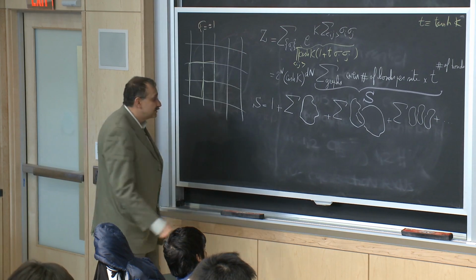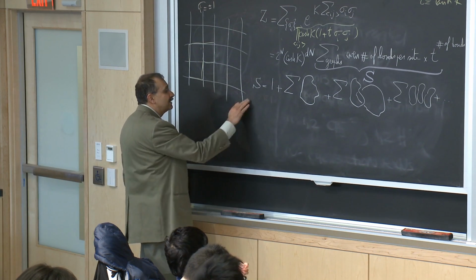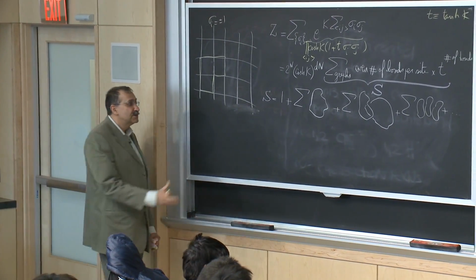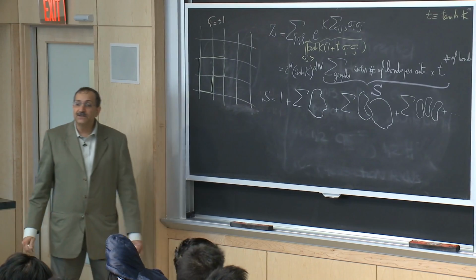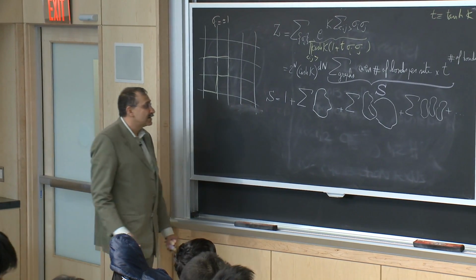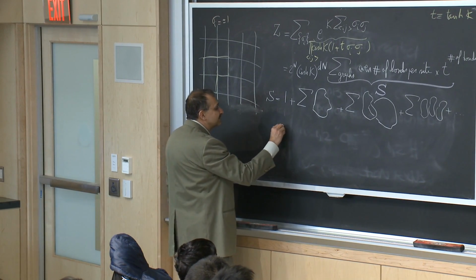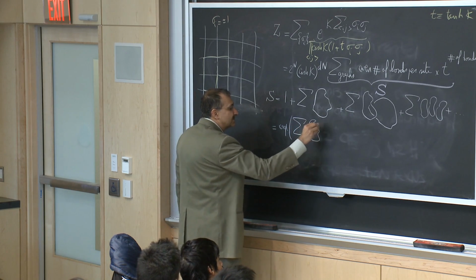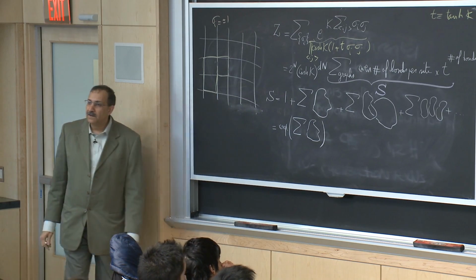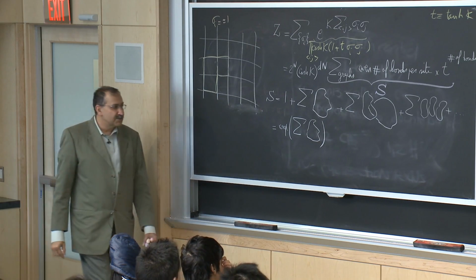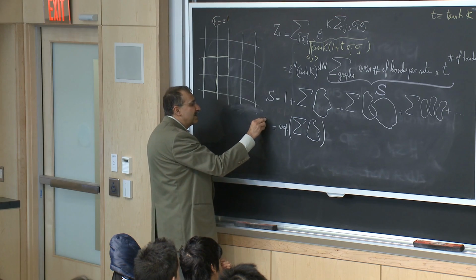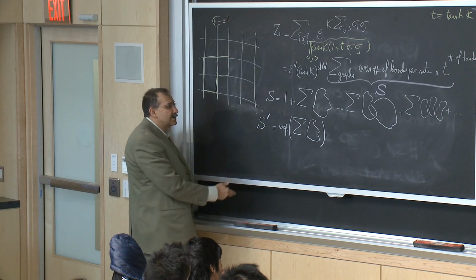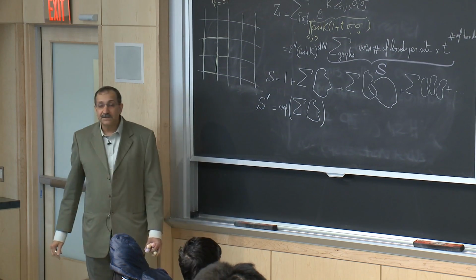Now, based on what we have seen before, it is very tempting to somehow exponentiate this sum and write it as the exponential of the sum over objects that have a single loop. And I will call this new sum S prime, for reasons to become apparent.